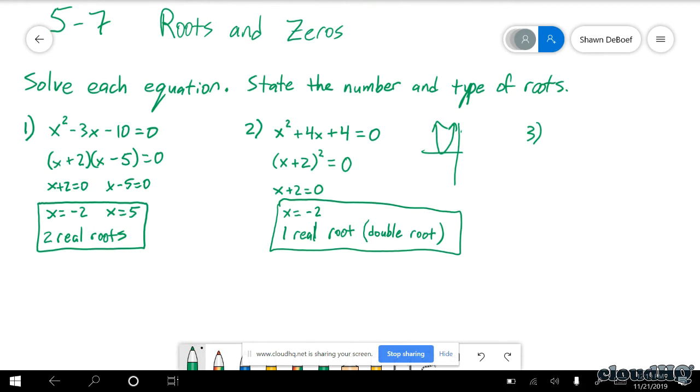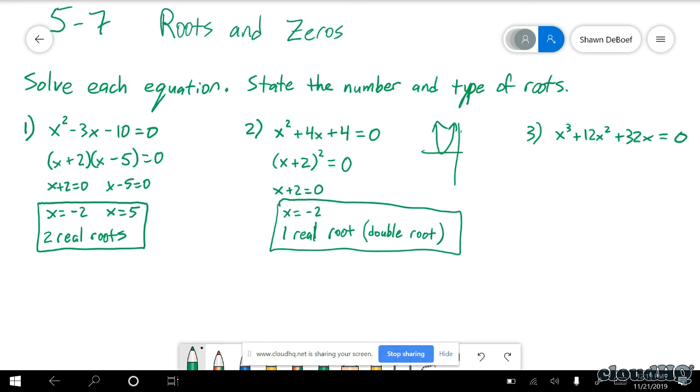Let's take a look at another one, but one that's not quadratic. So this one's not quadratic, but as we consider trying to factor this, hopefully you realize that I do have an x in every one of the terms.